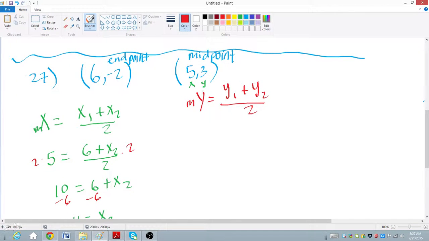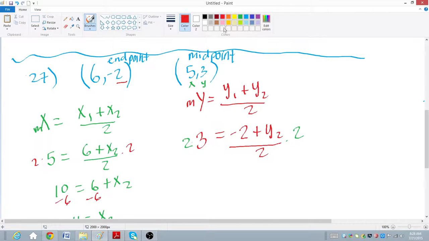I know what the y is. The midpoint y is 3, so 3 is equal to y1 plus y2. y1 is negative 2. This is the y1 right here. So negative 2 plus y2 divided by 2. Now I just need to solve. Times 2 here, times 2 here.